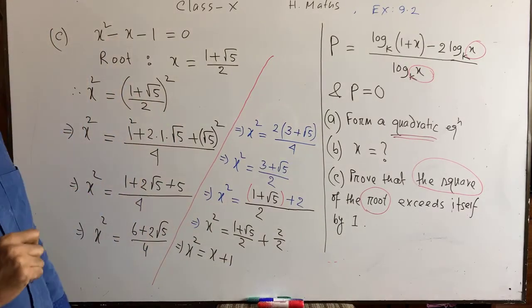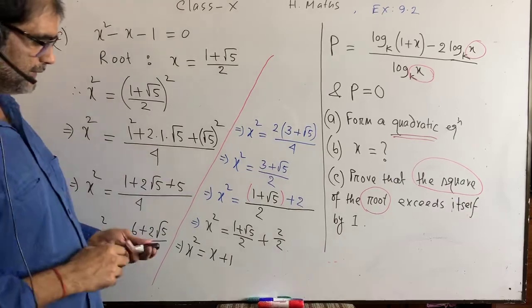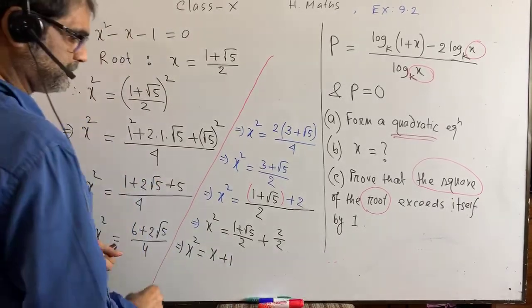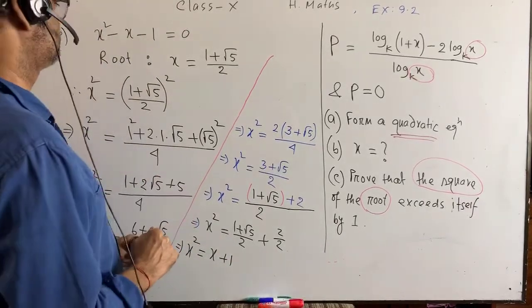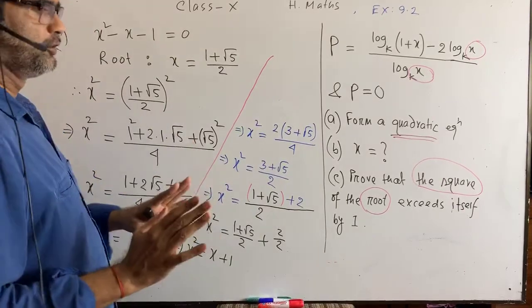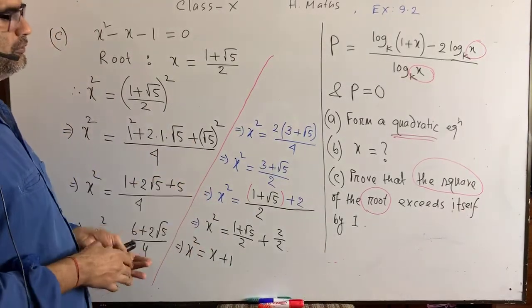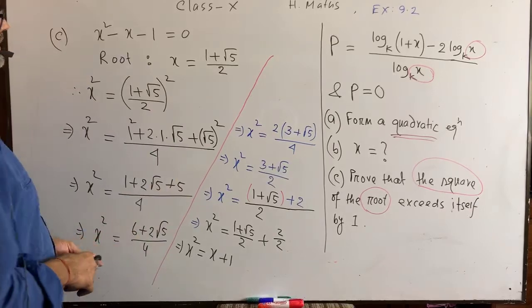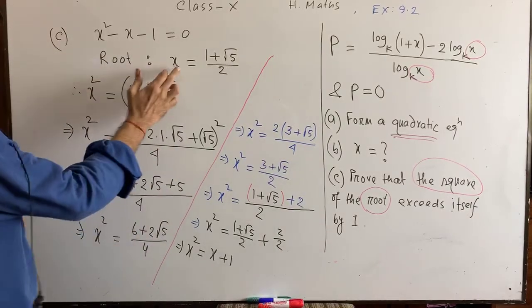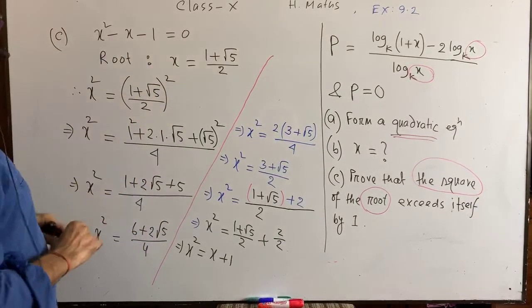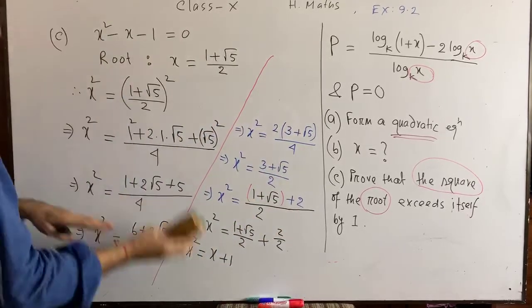Dear students, I think you have got it, but we are trying to do it in another way. It's okay that our answer was x equals to this, but we are done here.